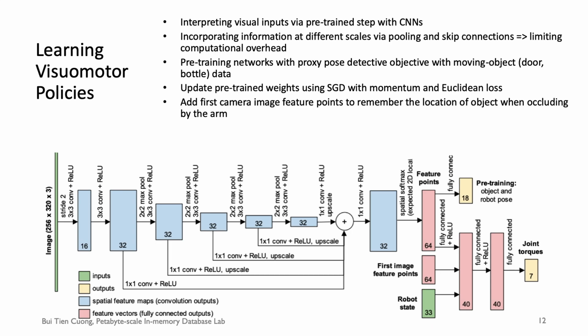The fully connected layers of the network are trained using path integral policy search to produce the joint torques, while the weights in the convolutional layers are frozen. Note that we add to the model a set of image feature points collected from the first camera image to allow the policy to remember the location of the object in case of occlusion by the arm.